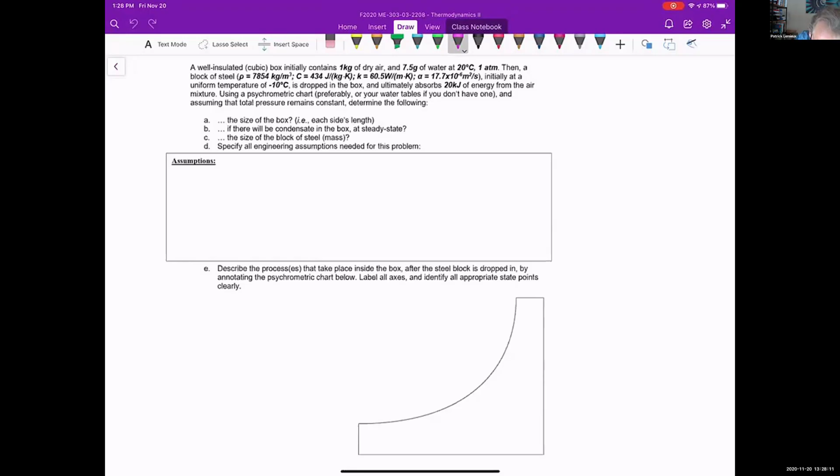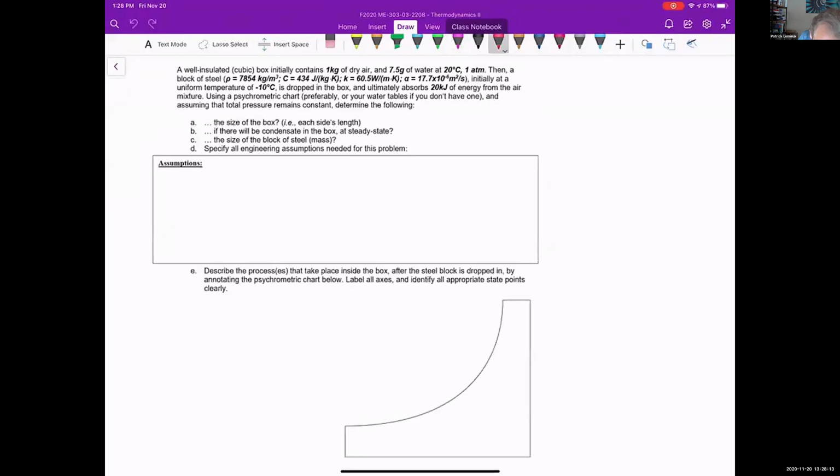I'm going to note right off the bat that I'm initially at steady state. In other words, there's nothing funny going on there. Initially at steady state, and finally, I'm going to be also at steady state.